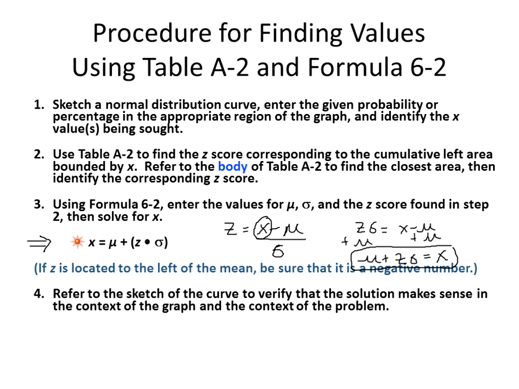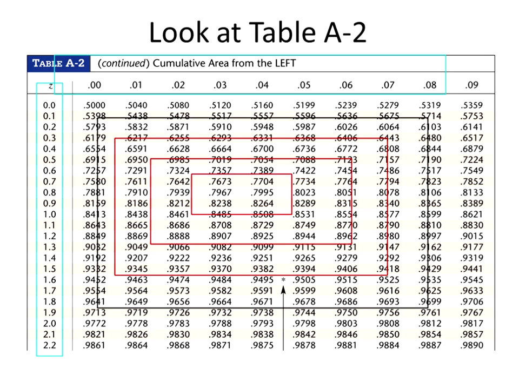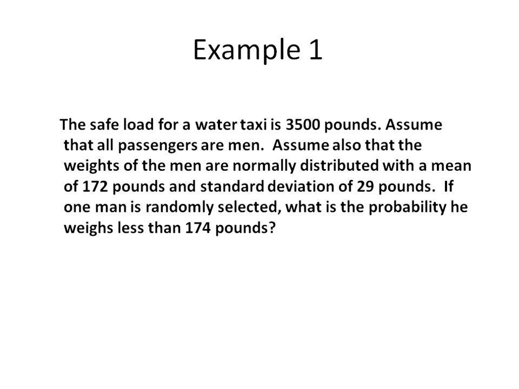So why is it written in a different way here? We should also be able to work backwards. It's not only important that we're able to find the probability like we were in this example. We were asked to find the probability.